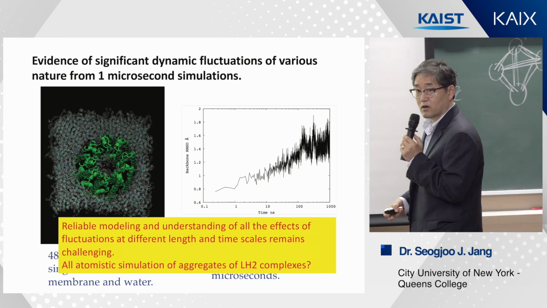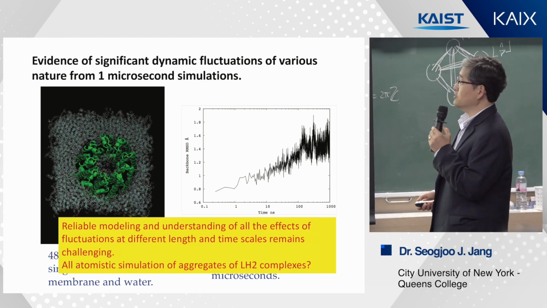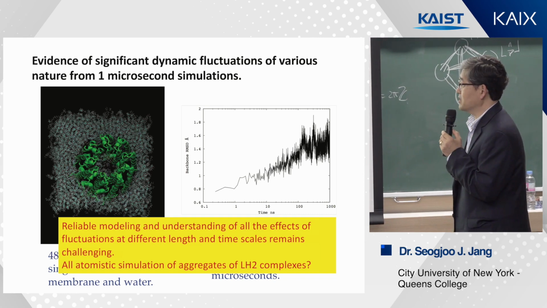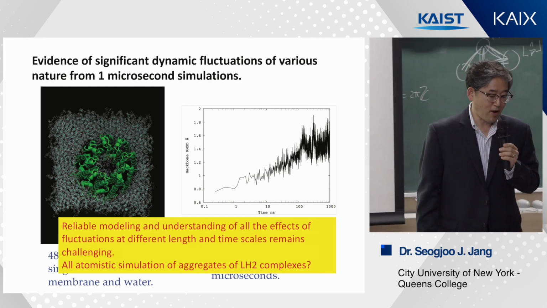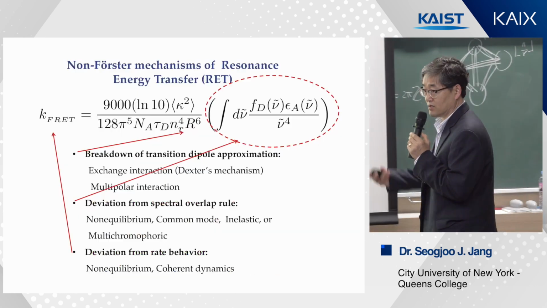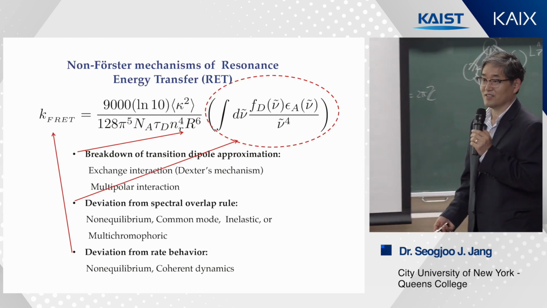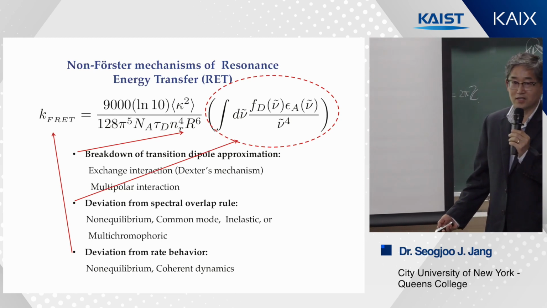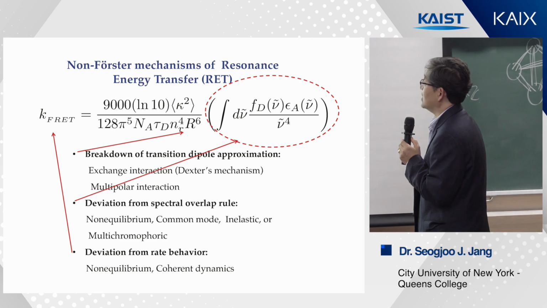Going forward, it would be great if someday we are able to do all-atom simulation of not just one LH complex, but aggregates of these LH complexes. I think it's possible with current computational technology, but it is so expensive, and as yet there is no clear justification for why it should be done. But there is always surprise in calculation results.